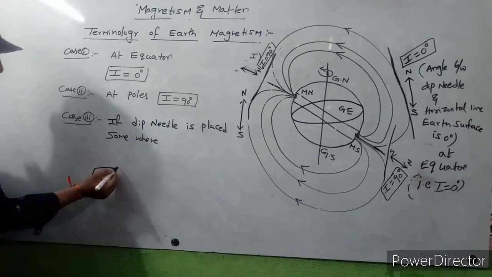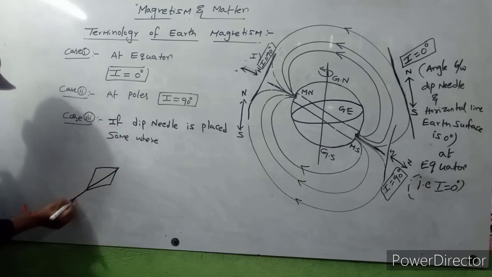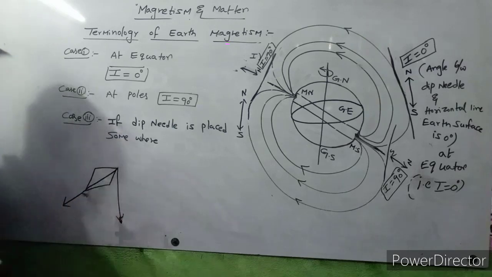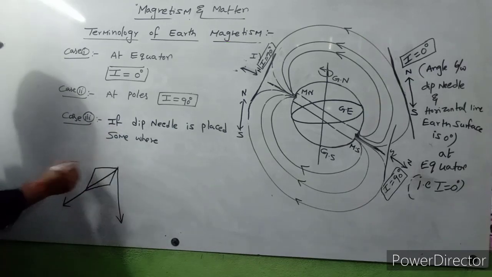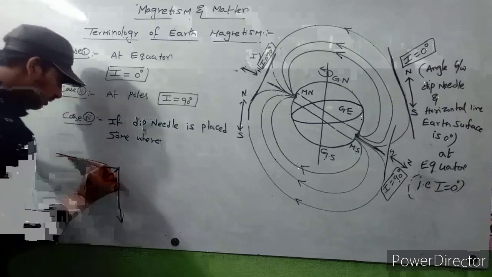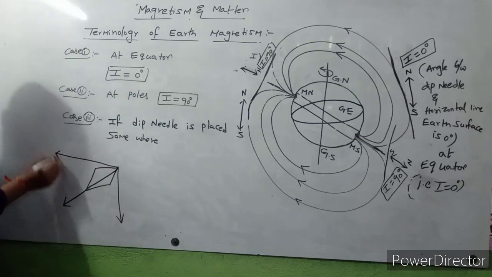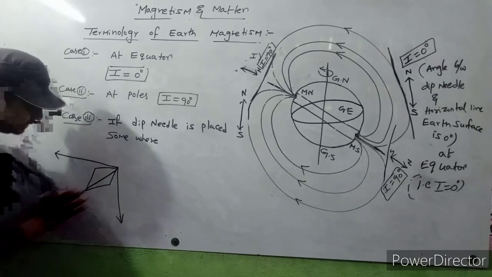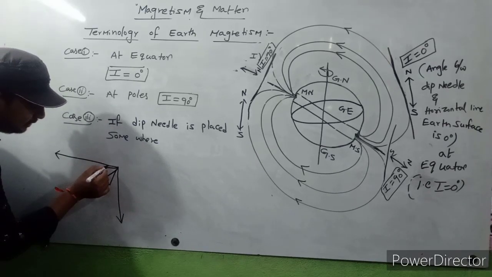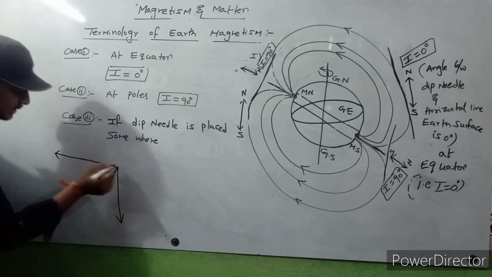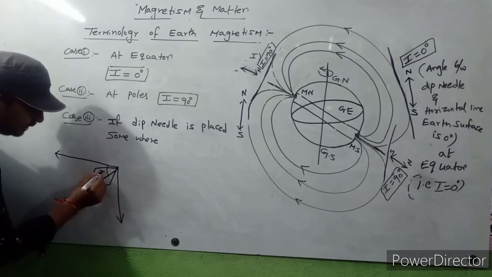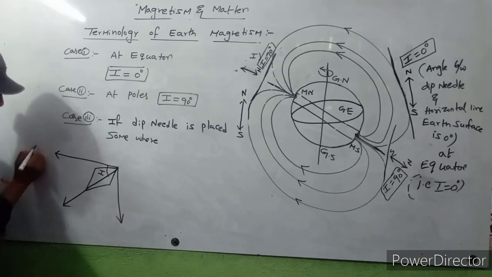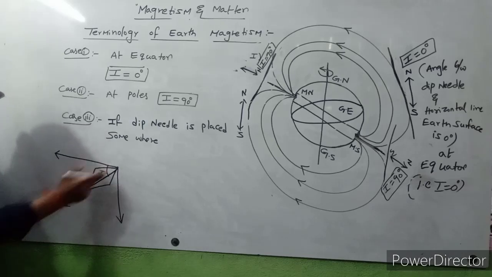If I place it somewhere, we get a vertical line and a horizontal line. This is the horizontal surface. The angle the dip needle makes with the horizontal component is called the angle of inclination. This is the dip needle direction.